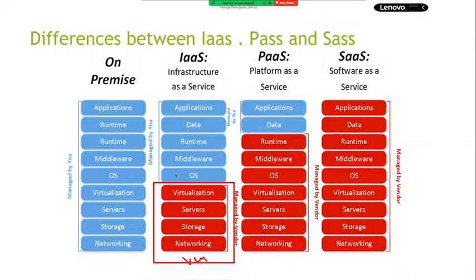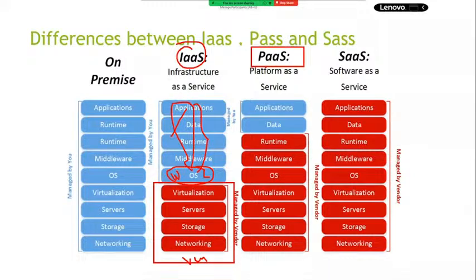Some projects may require, I would like to build 5 servers with Windows operating system. Another project would like to deploy 5 servers with Linux operating system. Yes, you can choose the operating system on top of whatever types of application you would like to host. Yes, go ahead and host it. That is about Infrastructure as a Service.